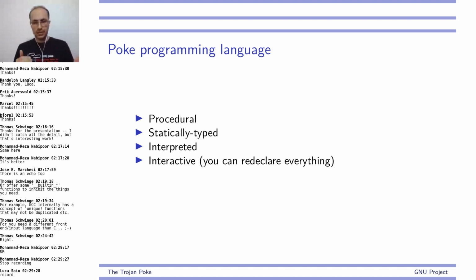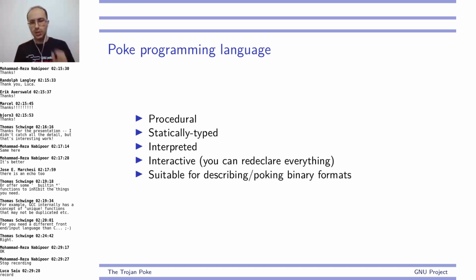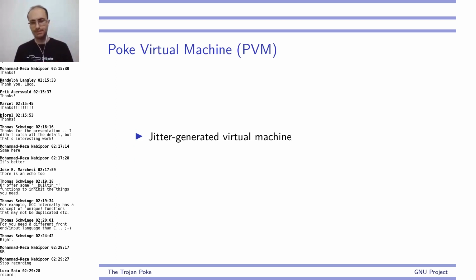The language is designed in a way that enables you to be relaxed and easy in using it. You can declare anything, types, functions, variables, and it works as expected. It was specifically designed to be suitable for describing and poking binary formats.